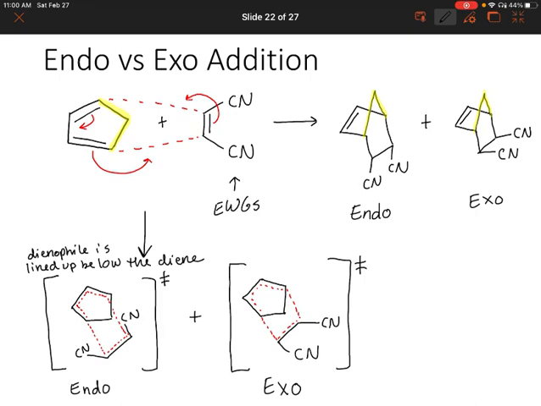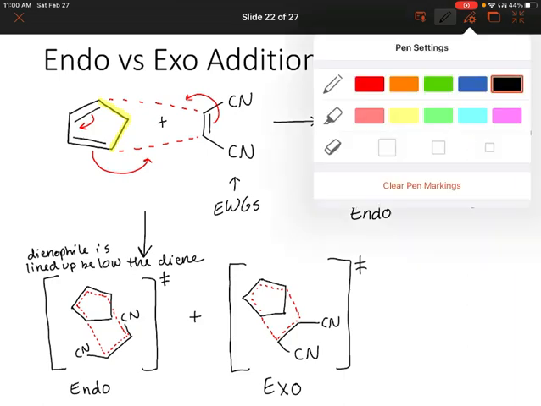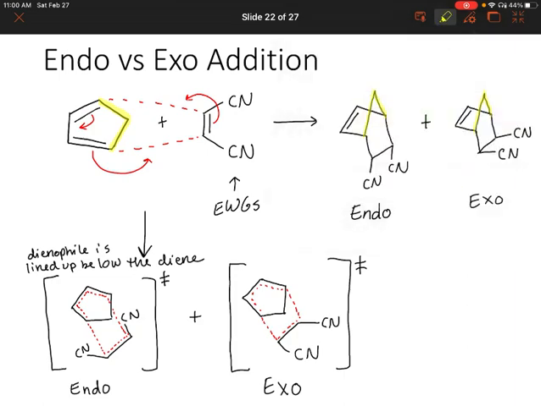But in actuality, it's more favorable for the electron withdrawing groups to face towards the diene. So there's a favorable interaction between the developing pi bond on our ring, let me actually highlight it in blue, and these electron withdrawing groups.